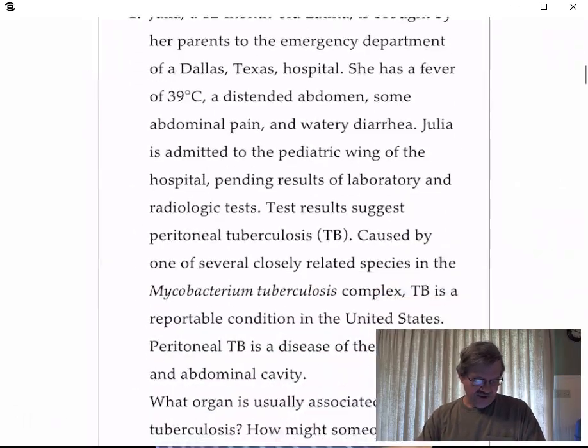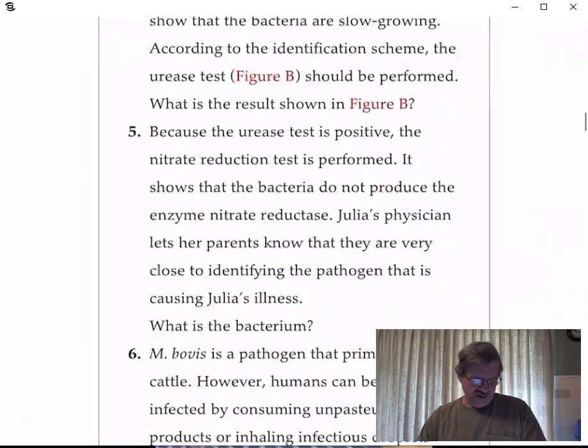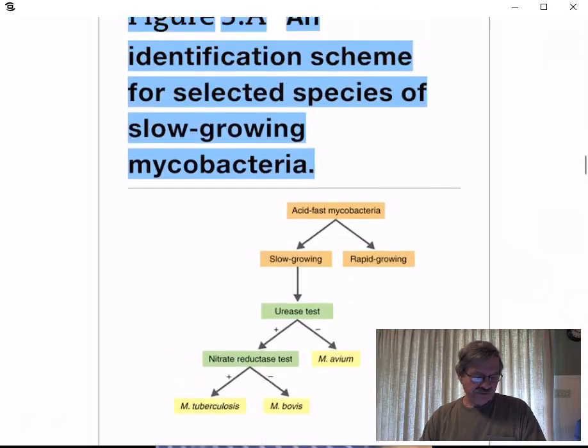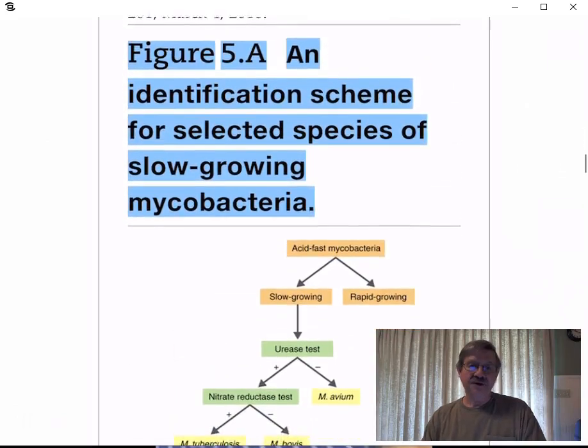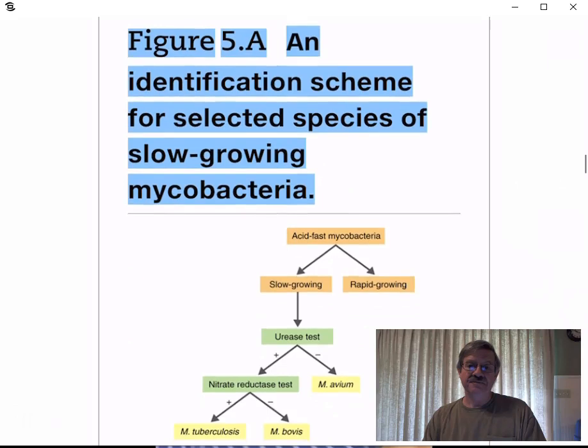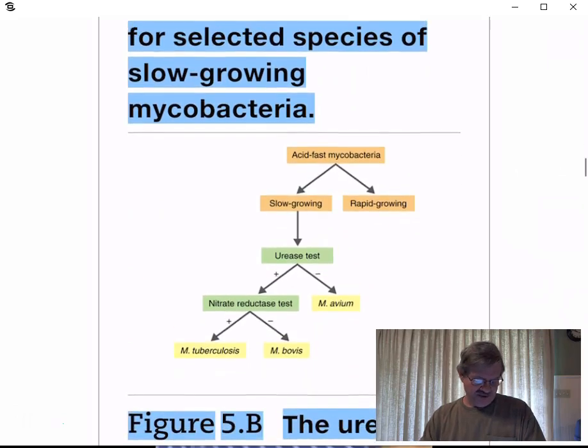Okay, so let's go on down here and take a look. Now here's one, the idea of using some of these biochemical tests to try to identify different species of mycobacteria. Remember, we've got this mycobacteria down there at the bottom left, tuberculosis. In other words, the mycobacterium bacteria that causes tuberculosis.